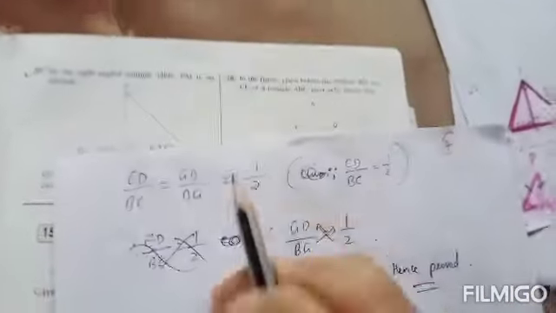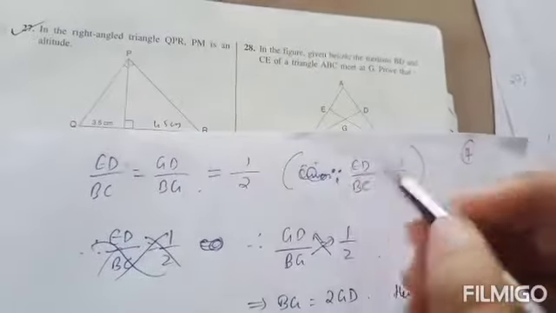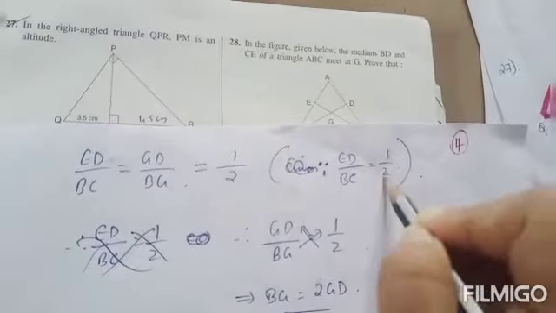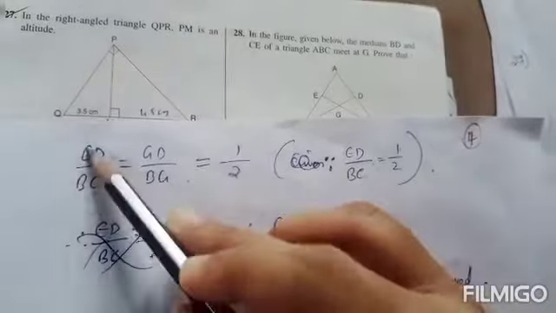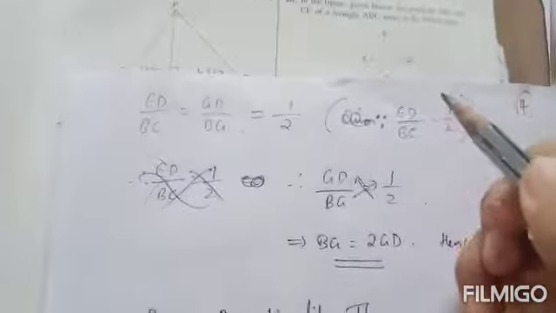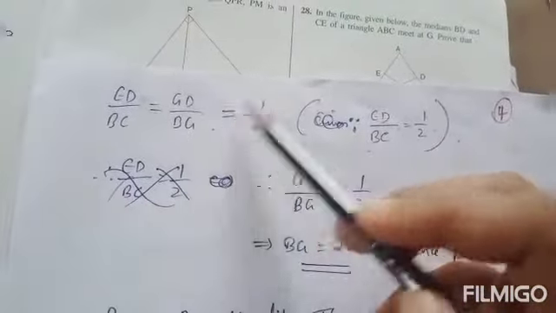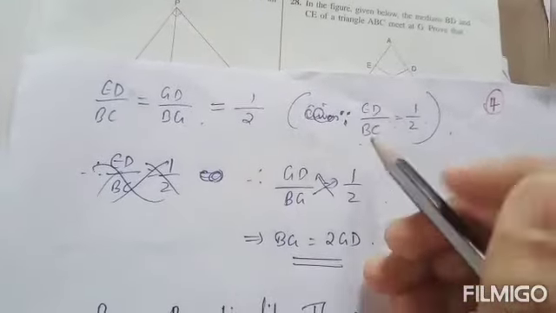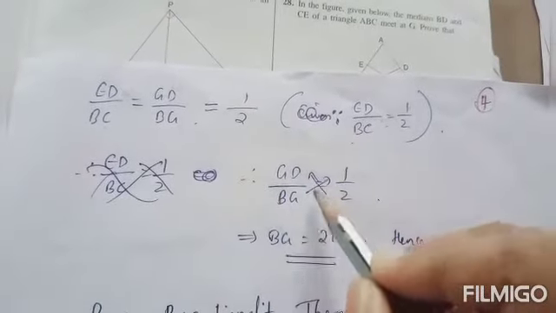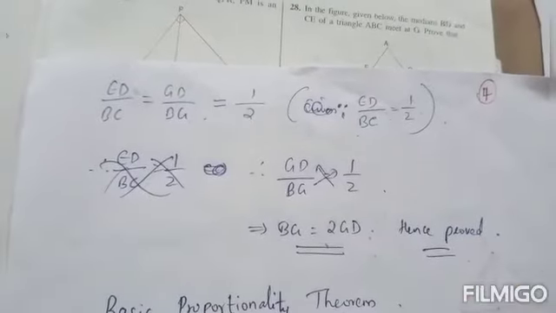But ED by BC is 1 by 2. Therefore ED by BC equals GD by BG equals 1 by 2. From this, GD by BG equals 1 by 2. Cross multiplying, you get BG equal to 2GD. This is what you need to prove here.